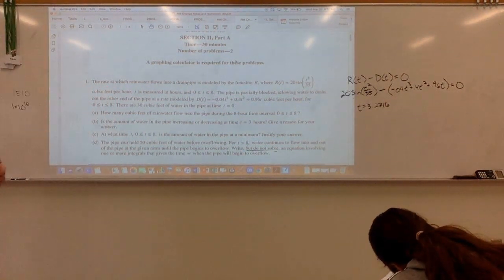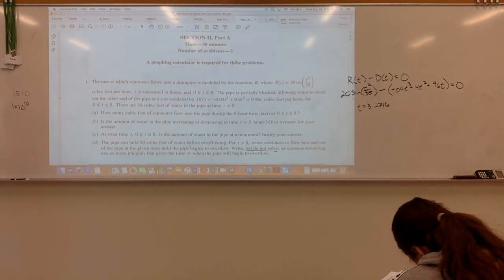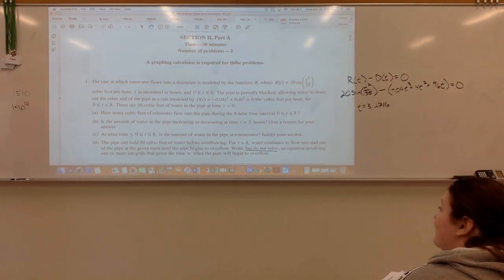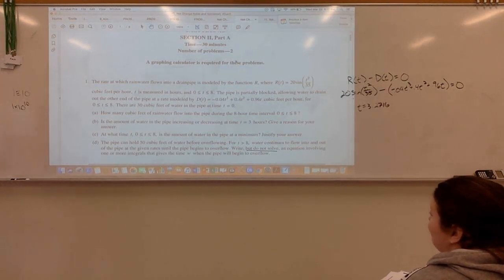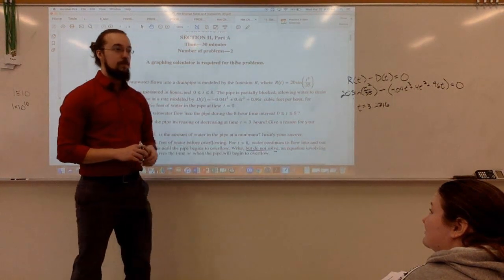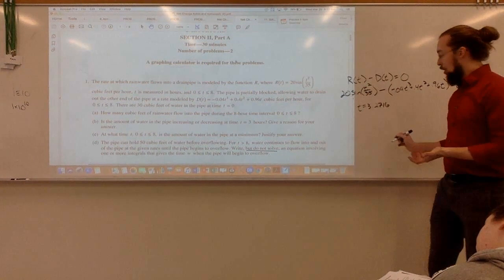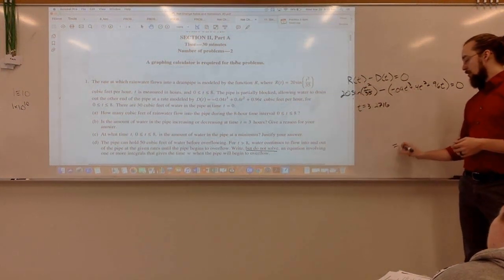Okay, how can I figure out when this pipe would overflow? Well, yeah, so we're going to set something equal to 50. What am I going to set equal to 50?